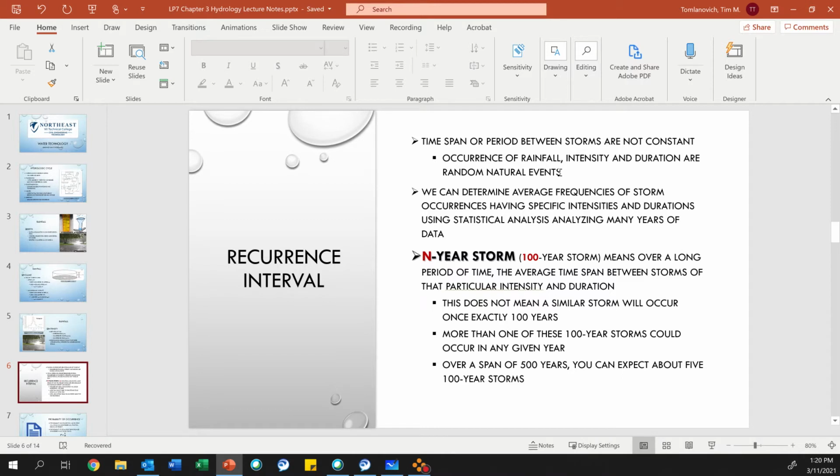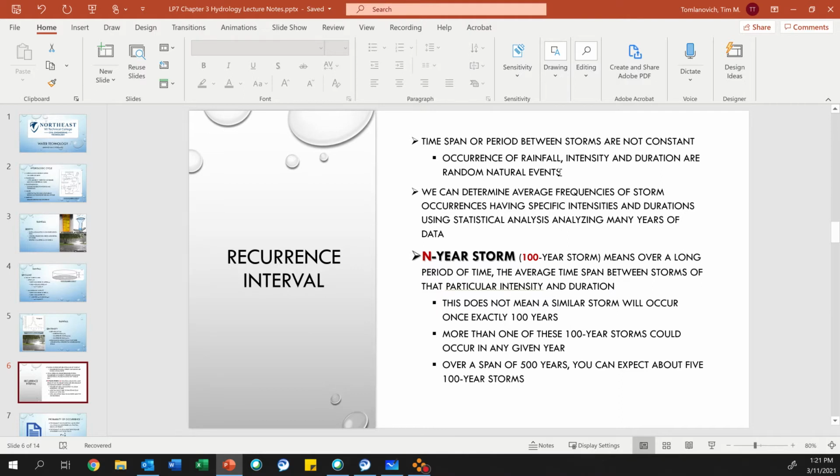So what we do, since they've started to record data of any rainfall event over time, is look at it statistically. They analyze it and say, okay, this specific intensity, number of inches per hour, rainfall intensity, and that specific duration has occurred within a certain time between those same intensities and durations.